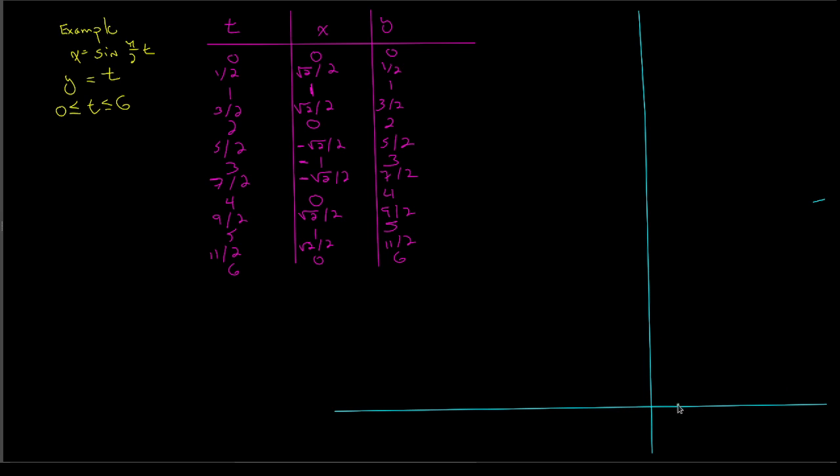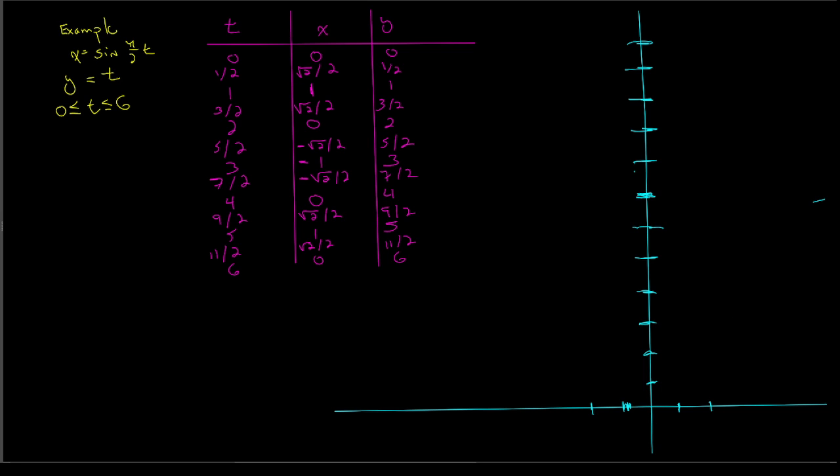Let's make that about a half, that about 1, negative 1/2, negative 1, so up a half, up 1, 3/2, 2, 5/2, 3, 7/2, 4, 9/2, 5, 11/2, 6.